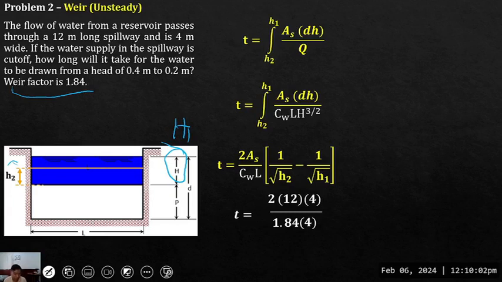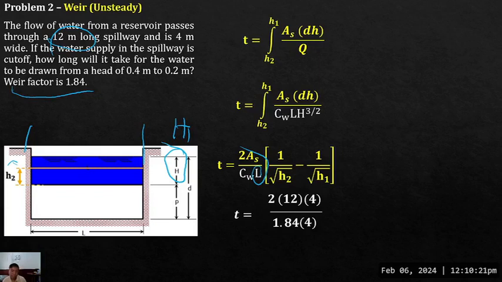Sorry, yung length is always pareho siya sa width ng channel. Okay, so always remember that. Baka kasi yung length na 12 meters yung ilagay nyo dito sa L, so hindi po mali po yan. Yung L dyan is the length of the weir, which is corresponding to the width of the channel as well.